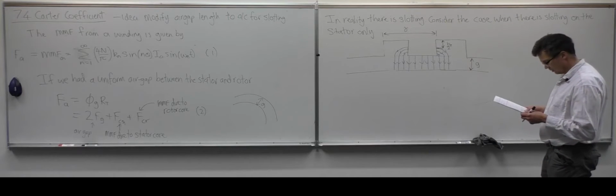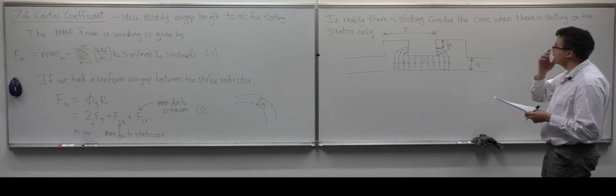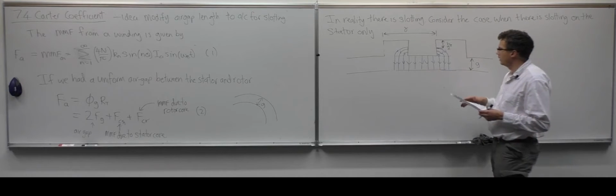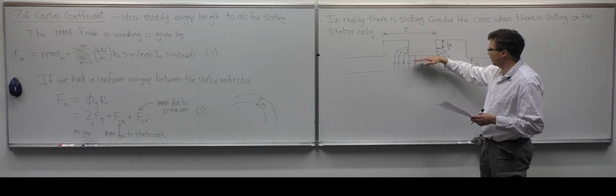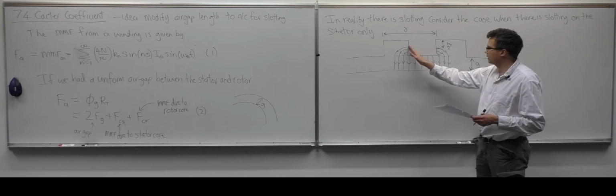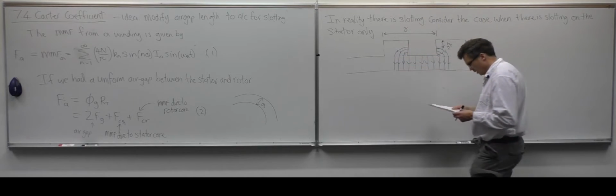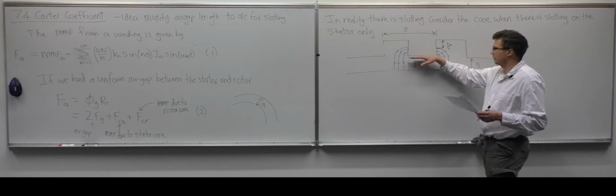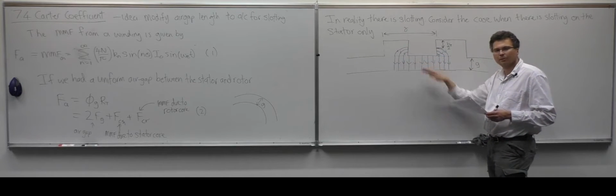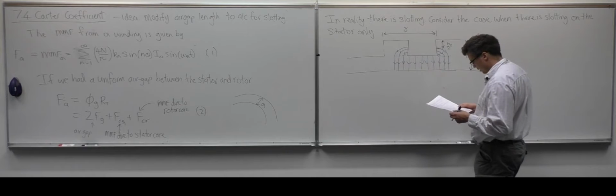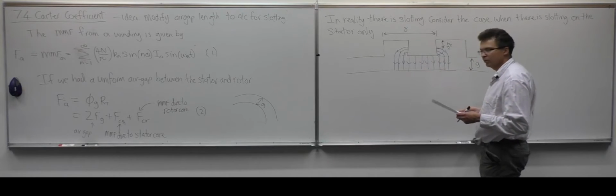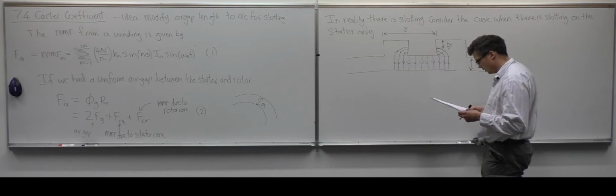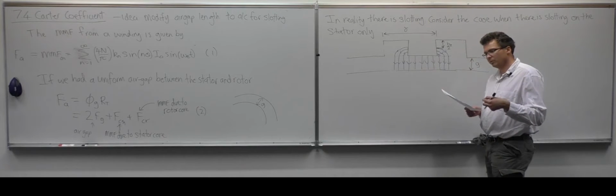So the field is going to flow down from this slot, or it's going to curve around and then come down. So these two flows of the field are in parallel. It turns out this can be best modeled using permeance, because permeance is 1 over reluctance.